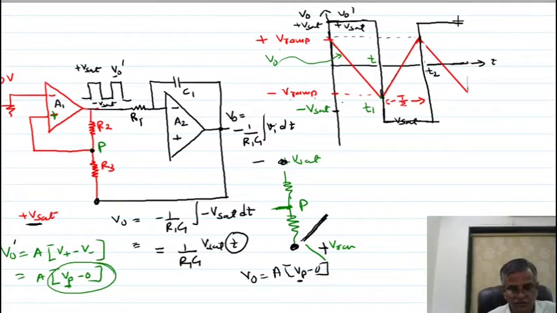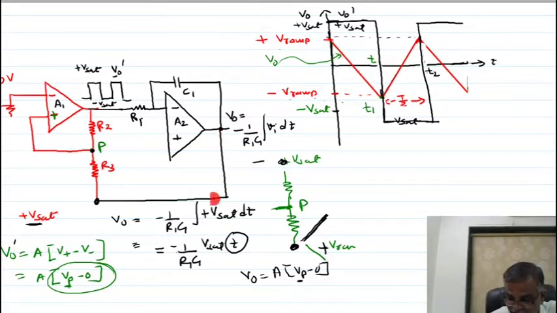Listen again. For those who do not understand, look here. Initially, this voltage is positive. As this is positive, your answer will be negative, so your negative going ramp is attained.